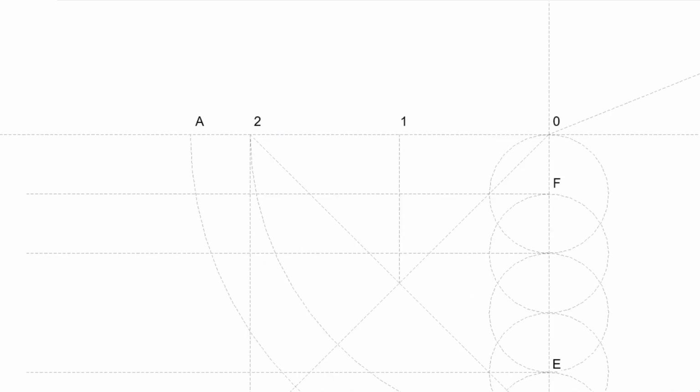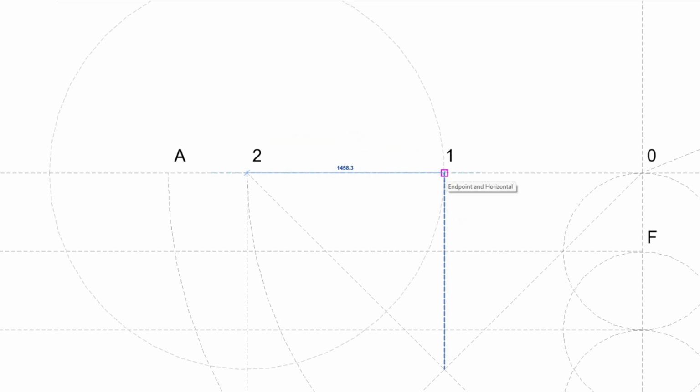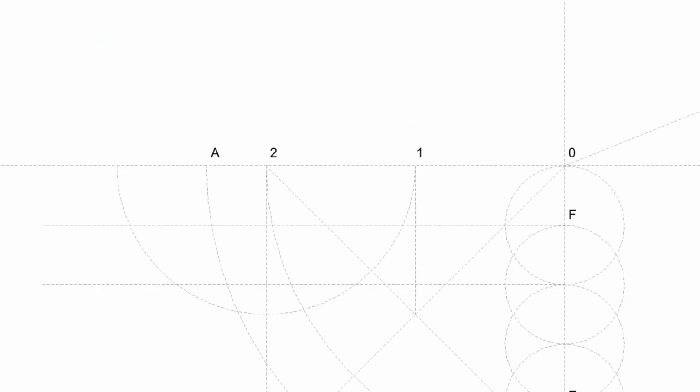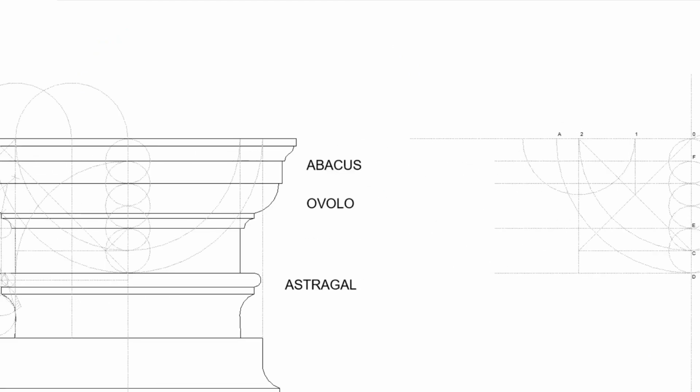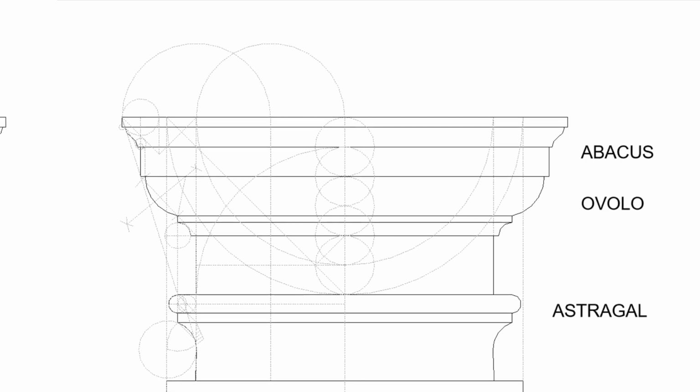Now, from point 2 to point 1, inscribe an arc. Okay? And where that arc takes you is the edge of the abacus, as can be seen on the diagram here. We're going to label that 1.3, which makes sense.